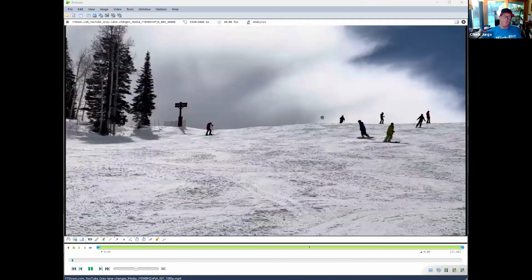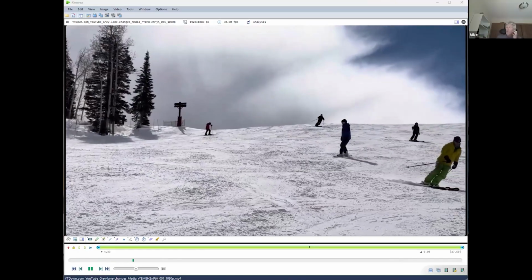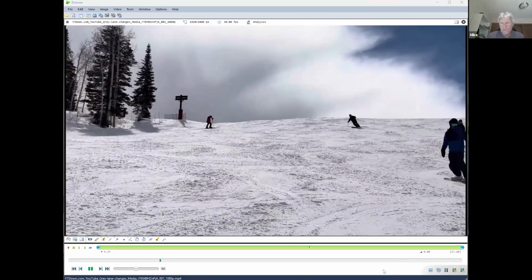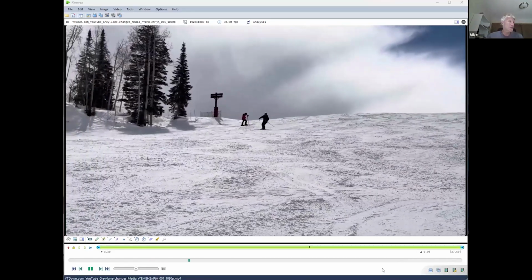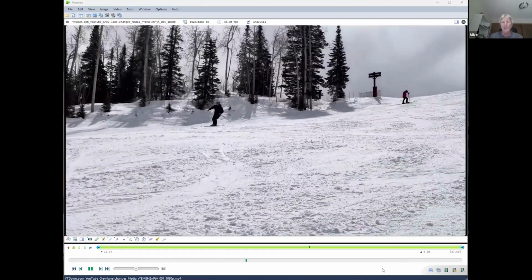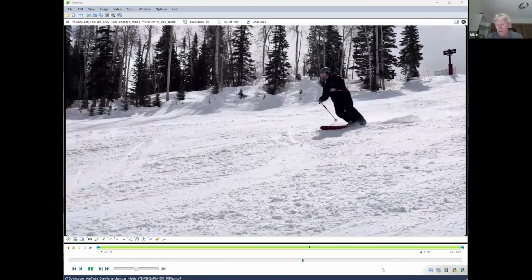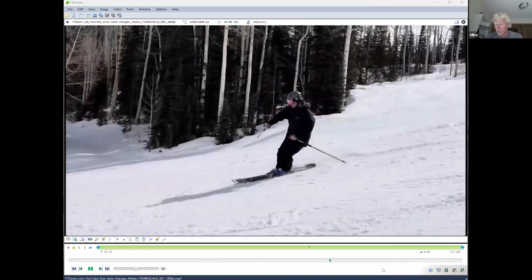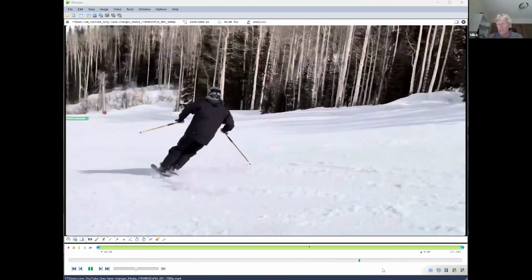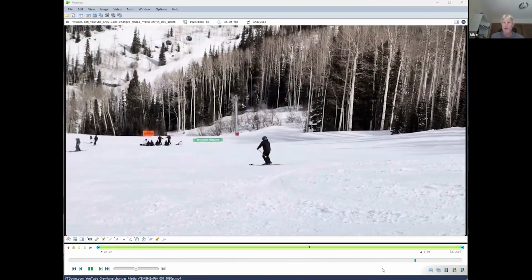Mike, you got your hand up. Yeah, I just wanted to clear some things up. In the Alpine Technical Manual, under edging, this is where inclination and angulation is identified. And inclination is just basically a skier deviating from a vertical position.